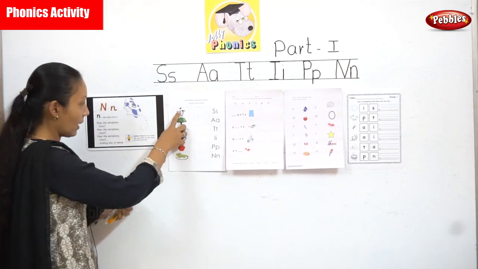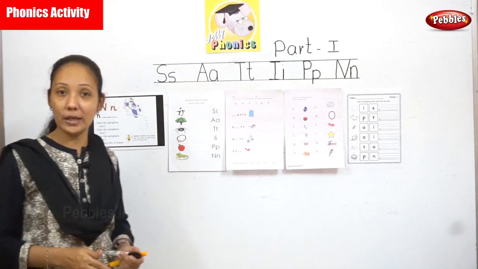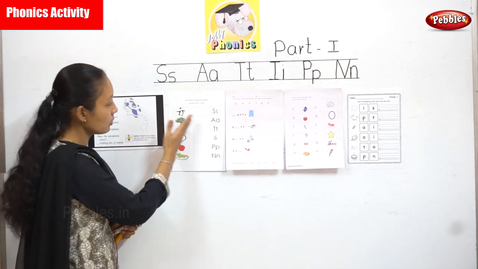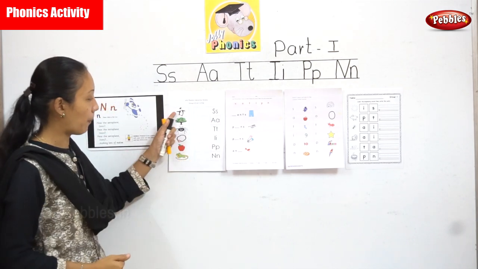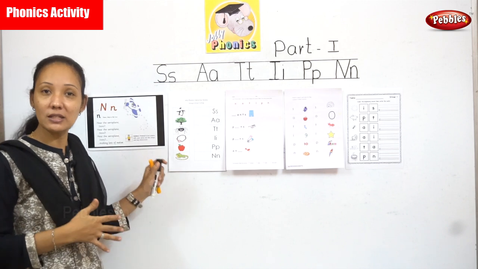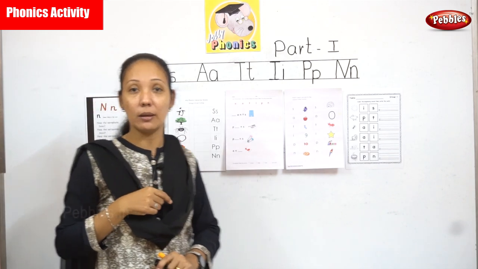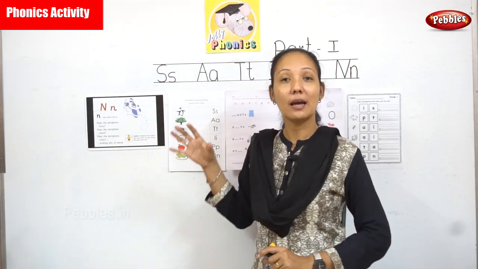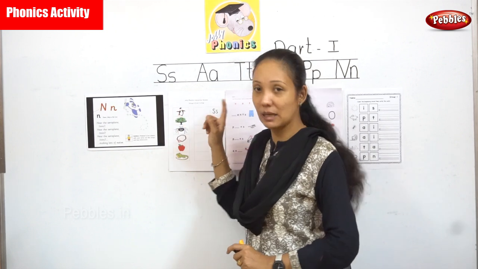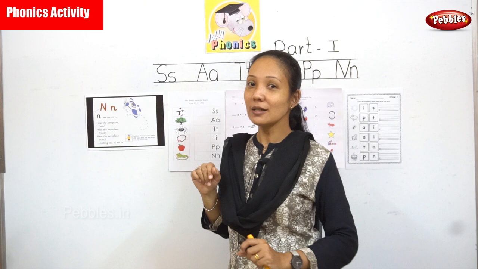First one, you have a penguin. Now can you tell me, children, what is the sound? That is penguin. What is your letter and sound for penguin? Okay, if you're finding it a bit difficult, I will show you the action and I will say the name for your first picture, so you will know what is the sound.